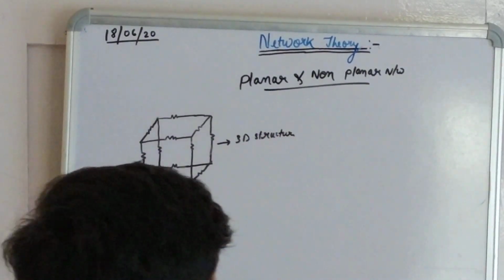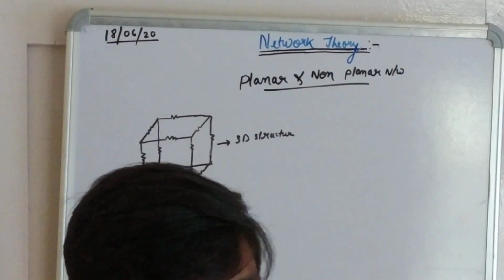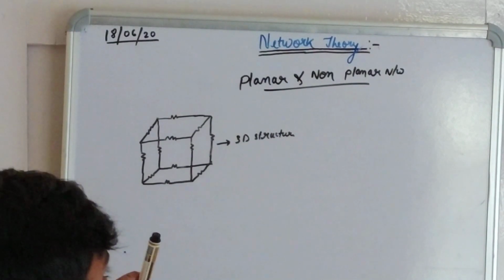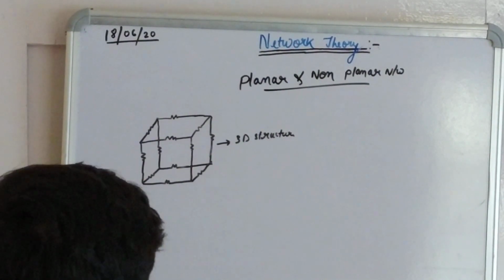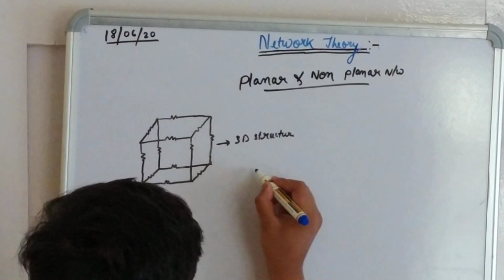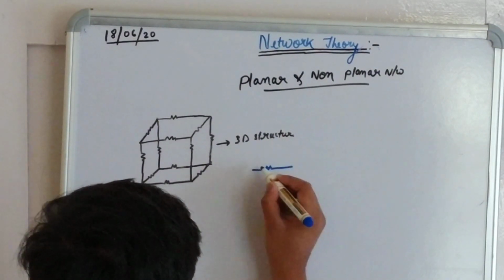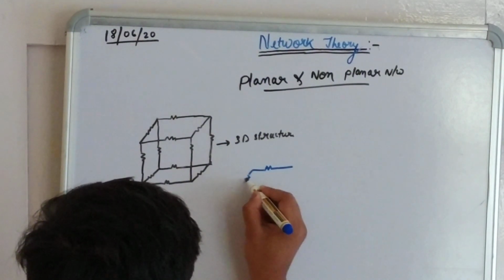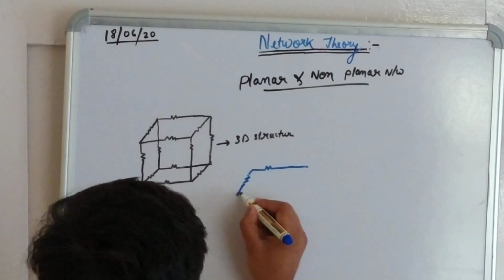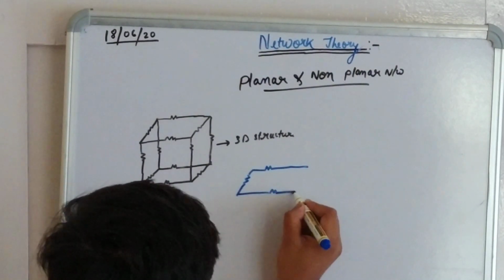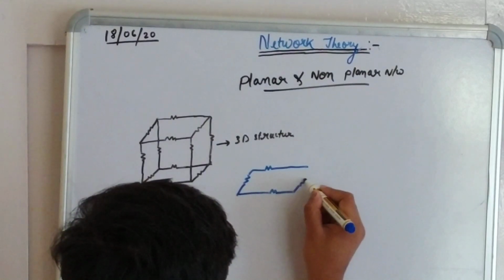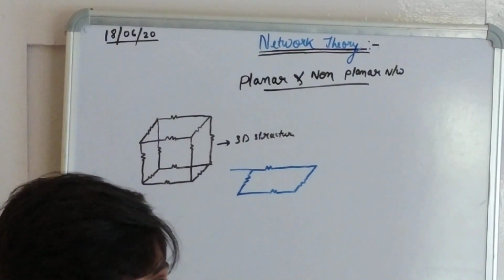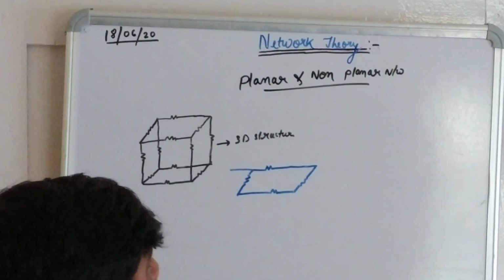Now if we can draw this 3D structure in a 2D plane, then we can say that this is a planar network. Suppose we want to draw this in a 2D plane. How can we draw this? And remember, the connection should not change after drawing in a 2D plane.